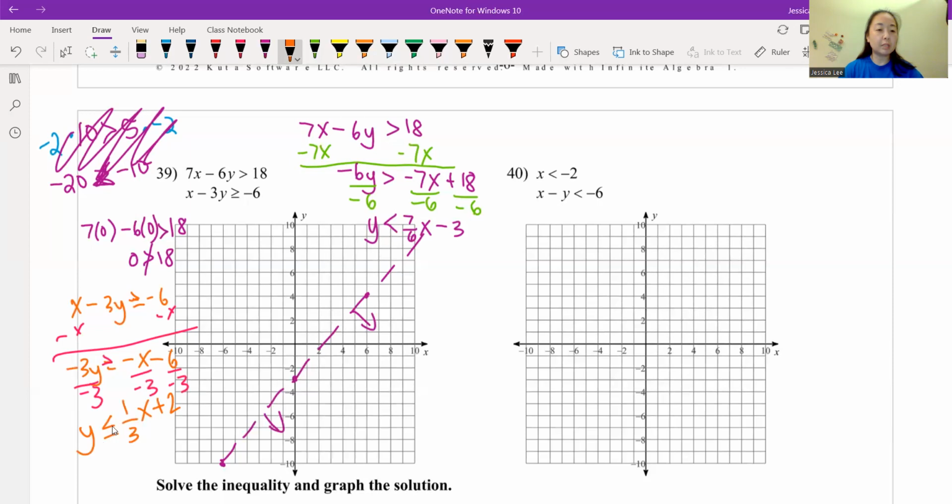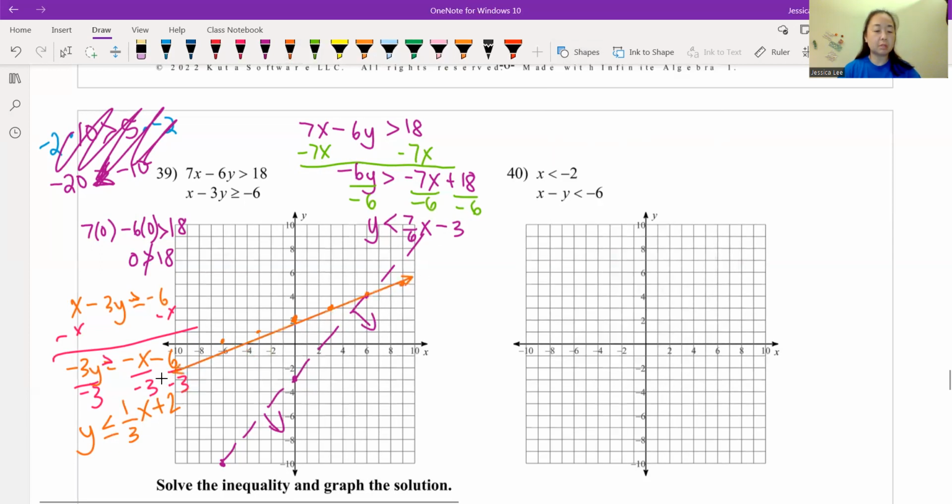So that's going to be y is less than or equal to 1/3 x plus 2. Okay, 6 divided by 3 is 2. All right, so here's our plus 2 right here. We're going to go up 1 to the right 3, up 1 to the right 3, or down 1 to the left 3. Either way is okay. And here it's going to be solid because it has an equal to sign underneath.